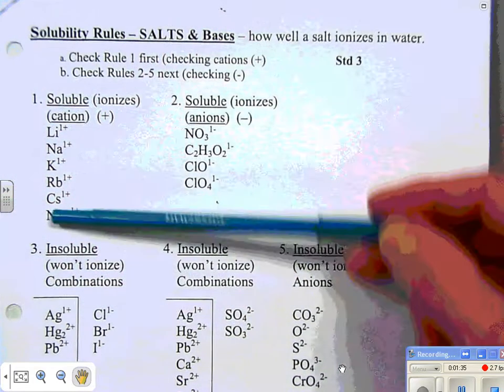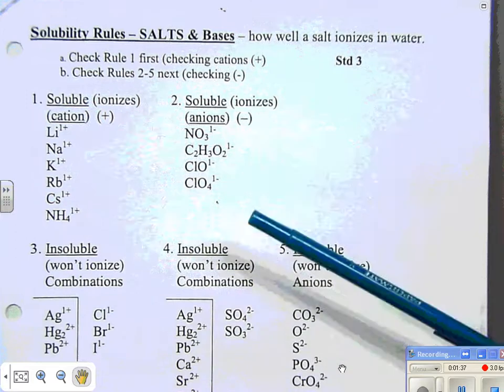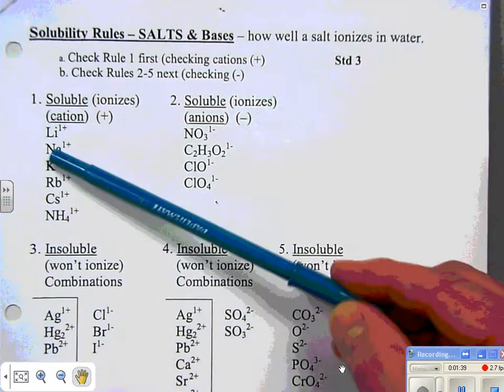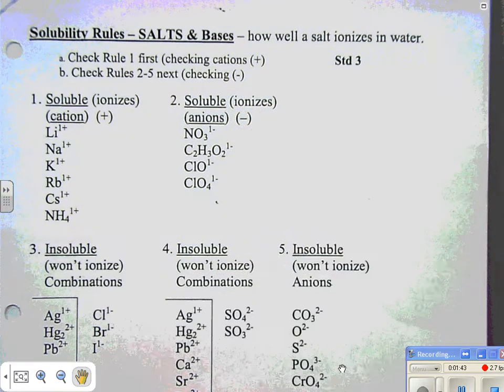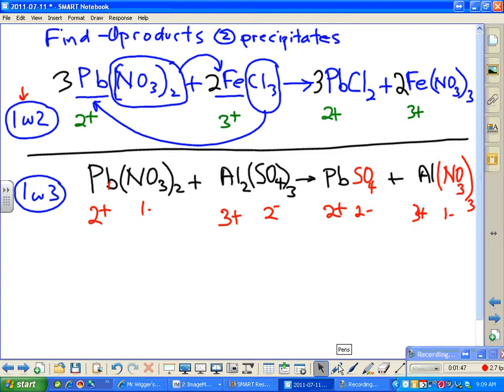These guys are soluble with just about everything. And so you look and see on your things that you're trying to figure out, do we have any of those guys on the list? If you're looking at that list right now, which you all should be doing, we're going to look for lead. And why am I looking for lead?